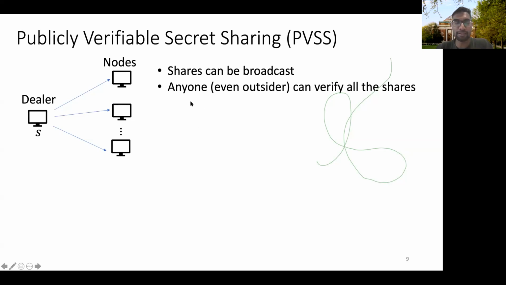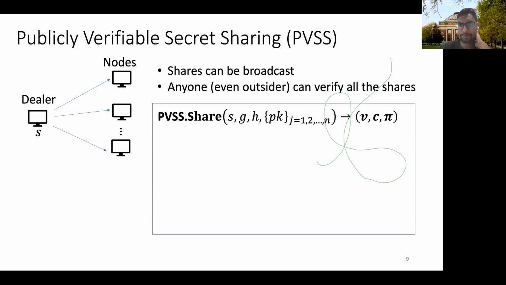The second property that we want is that anyone, even a party which is not part of the protocol, which is not one of these nodes, can verify that the dealer did the sharing phase as per the protocol, or can verify that the message under the encryption is a correct share of some secret S. So this is publicly verifiable secret sharing.